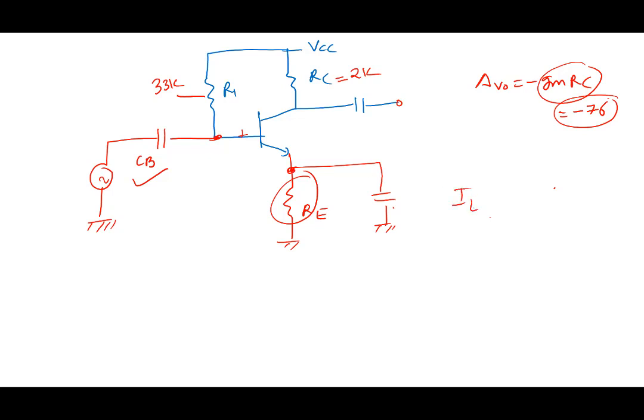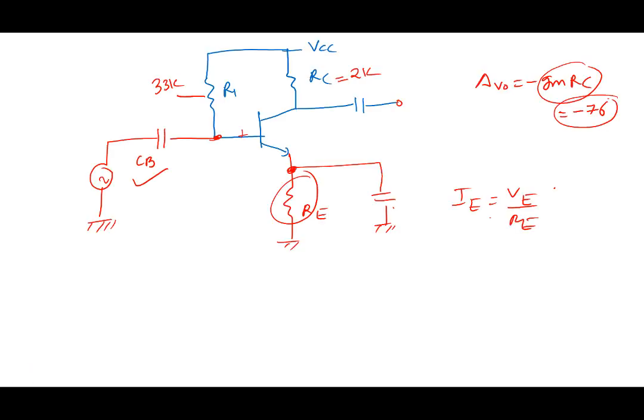Current IE is equal to VE by RE. Right? VE by RE. And VE, you should make VE what? Independent of base current. VE should be independent of base current. Now VE is whatever this value is minus 0.7 times this.